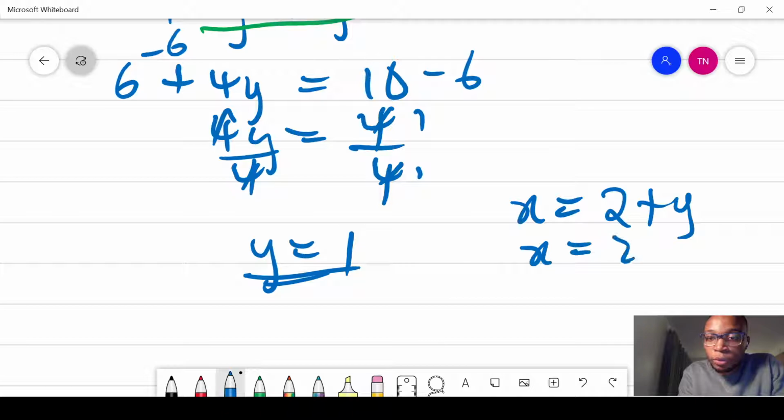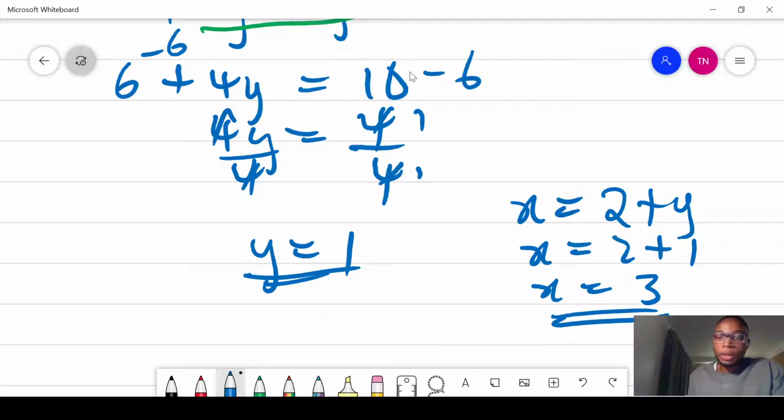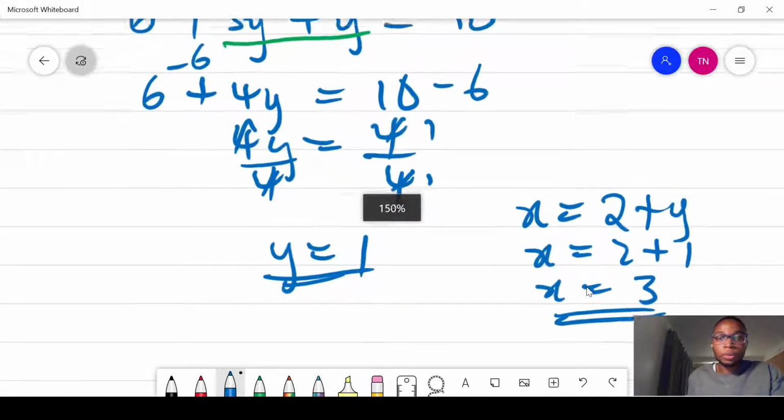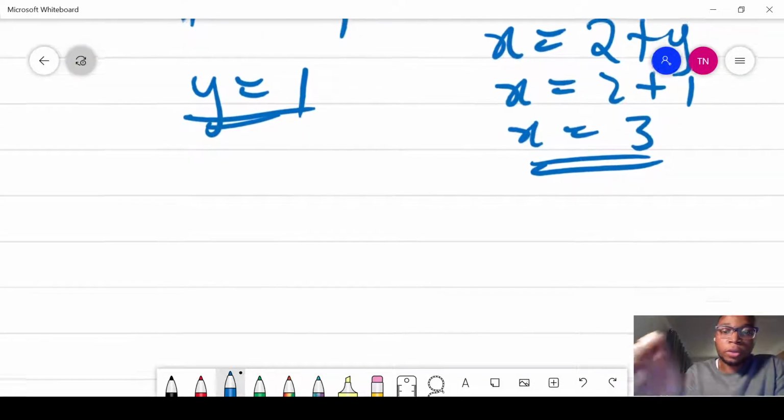Then x equals 2 plus 1, since y equals 1. Then you have x equals 3. So that is your solution.